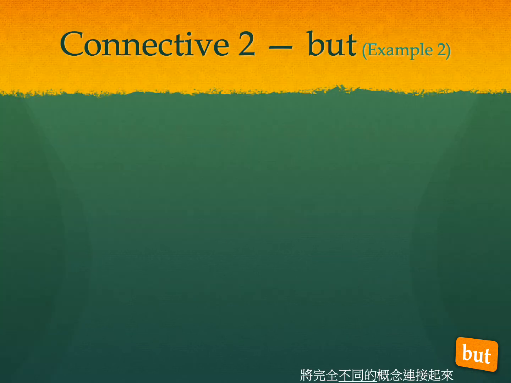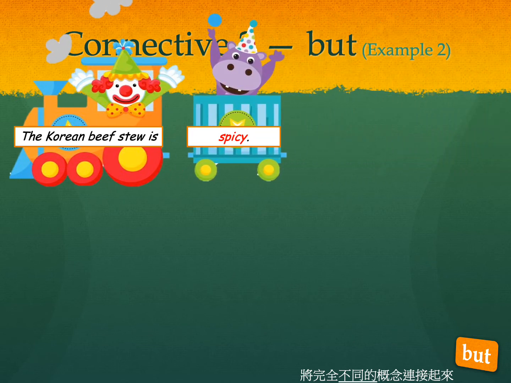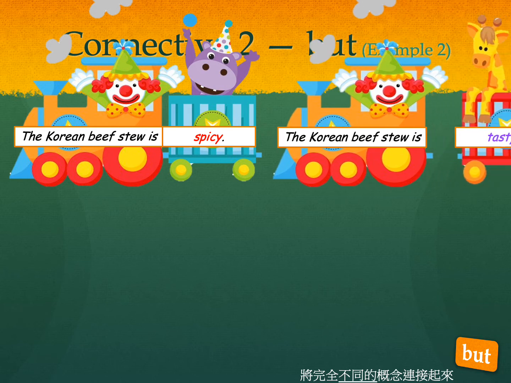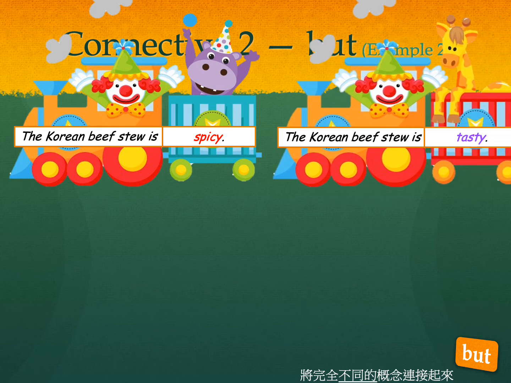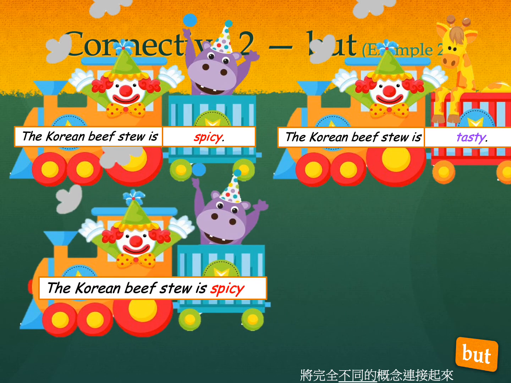Example 2. The Korean beef stew is spicy. The Korean beef stew is tasty. Spicy and tasty are two different ideas, so we can use but to join them together. Again, we don't have to copy the same phrase again and again, so we can just put the Korean beef stew is at the beginning once.